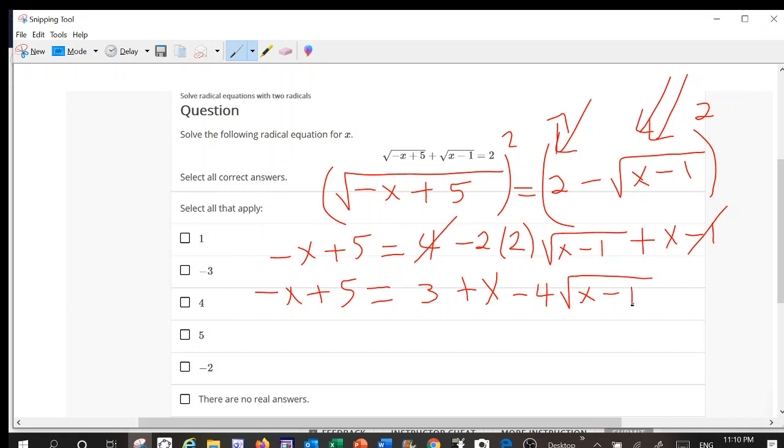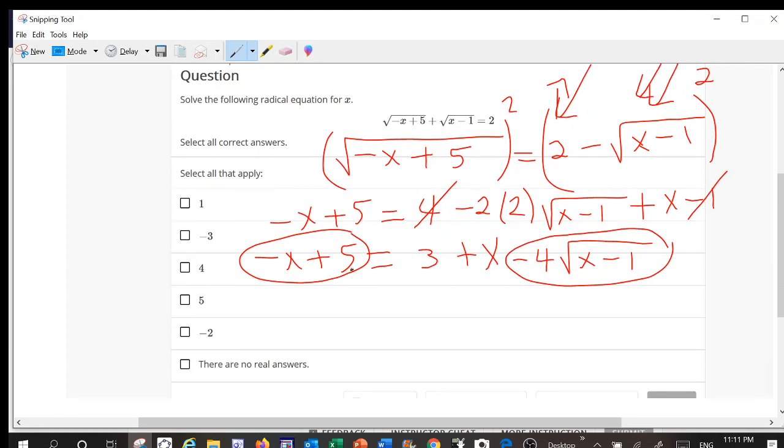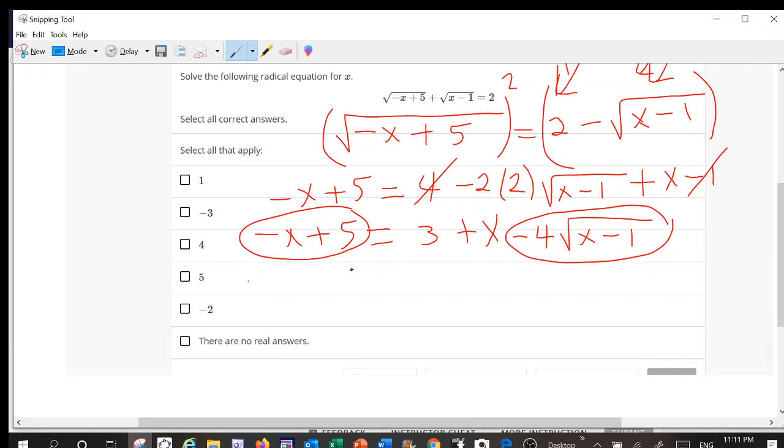Now, we're going to move this square root to the left and move all of these to the right. We were trying to isolate the square root. So what I have is 4 square root of x minus 1 equals 3 plus x, which is there already. This minus x goes there, becomes plus x, and this 5 becomes minus 5.